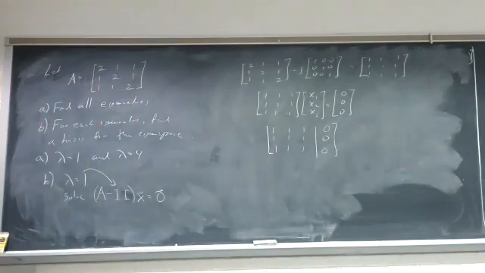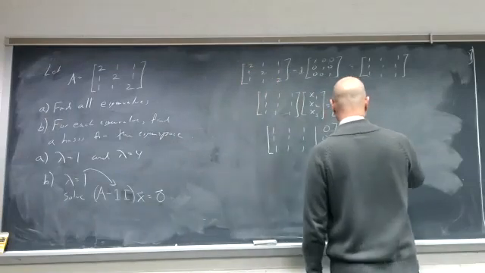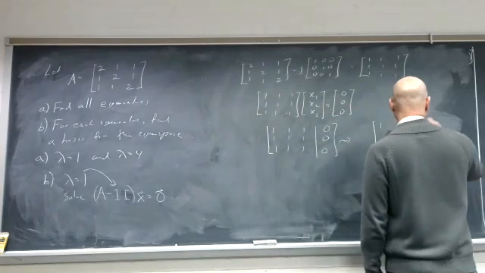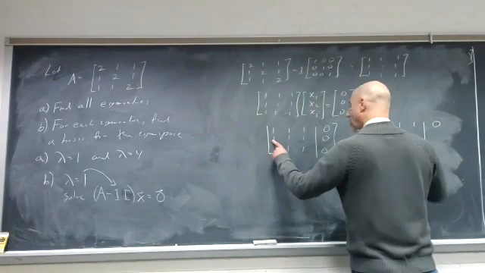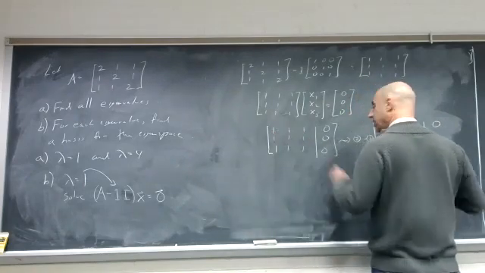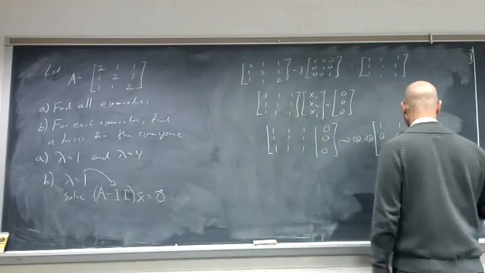I'm going to stop and wait till you catch up. Row 2 minus row 1. 1 minus 1 is 0, 1 minus 1 is 0, 1 minus 1 is 0, and 0 minus 0 is 0.